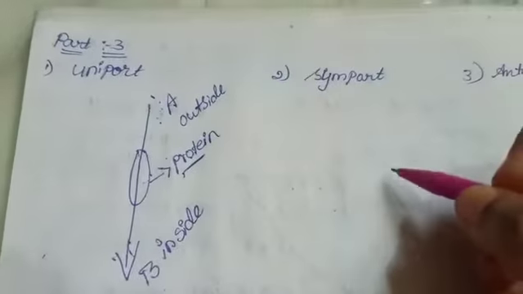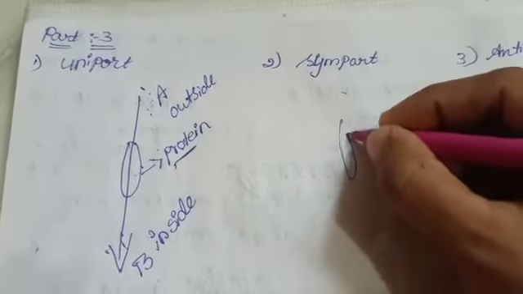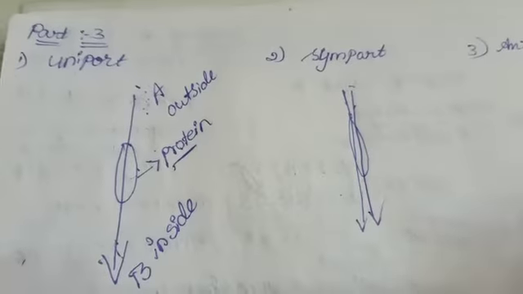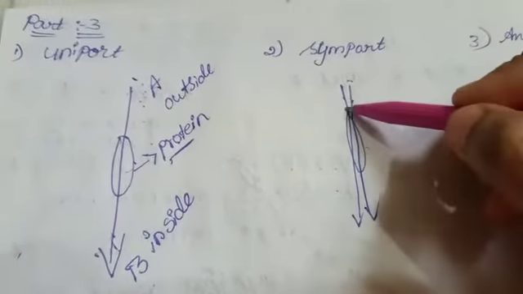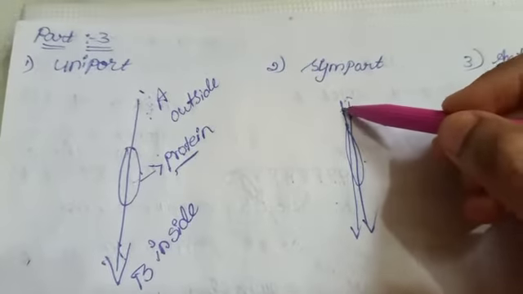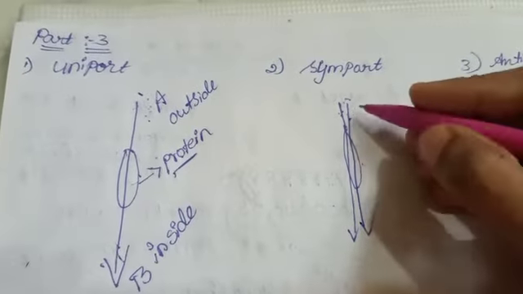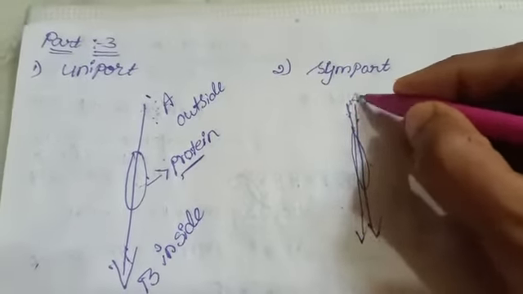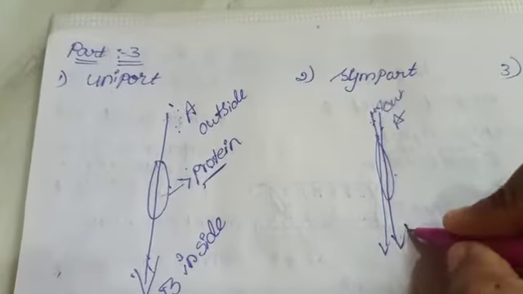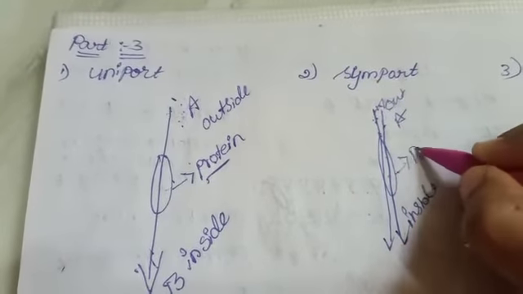Now symport. Here also there is a protein, and two substances are transferred in the same direction through one protein. As in uniport, let us take outside the cell as A, inside the cell, and the protein.